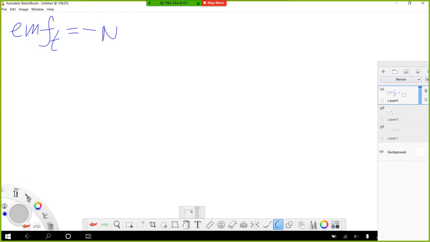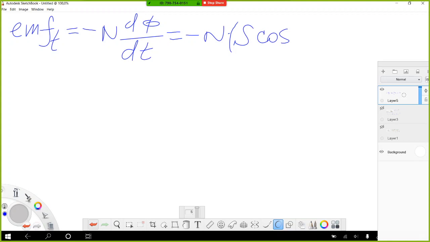We said minus N d phi over dt. It will be equal to minus N multiplied by S cosine omega 1 t multiplied by dB over dt.